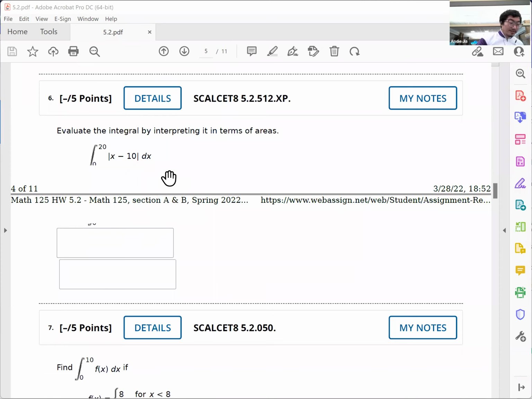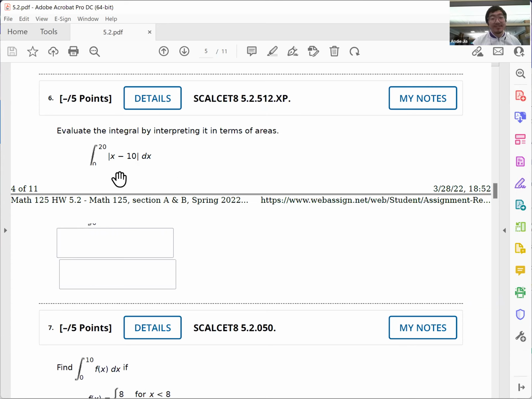There's a number 6 here. This is the net change. If the output produced by x minus 10 is negative, then we swap the function and make it 10 minus x, and in this case we need to split up the integral.